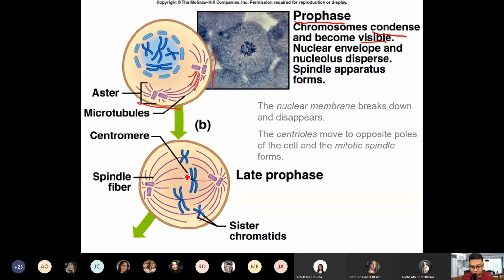Late prophase, the chromosomes move to the center plate, and our spindle fibers begin to approach.